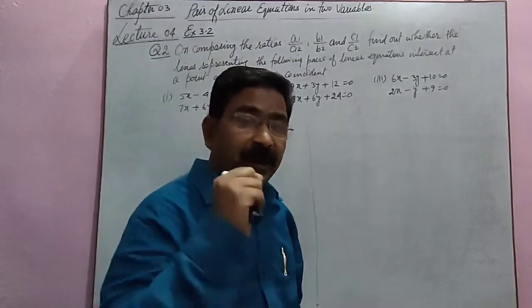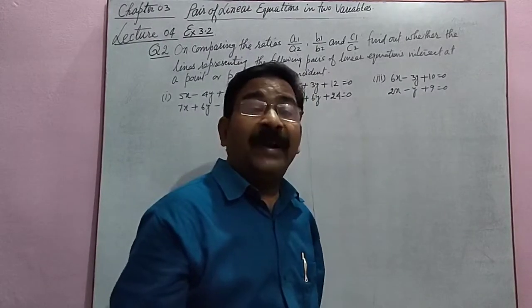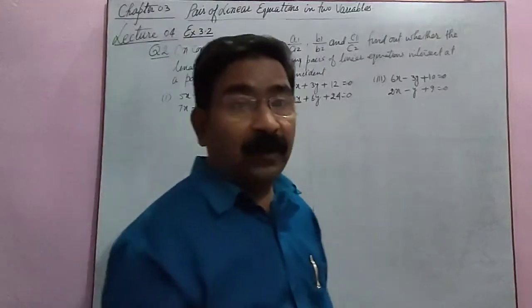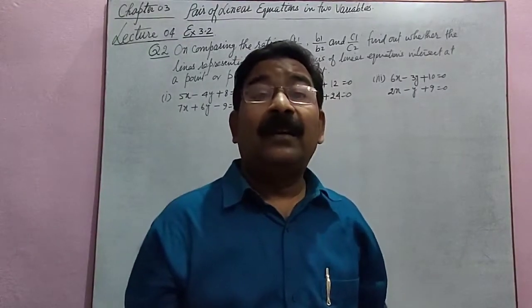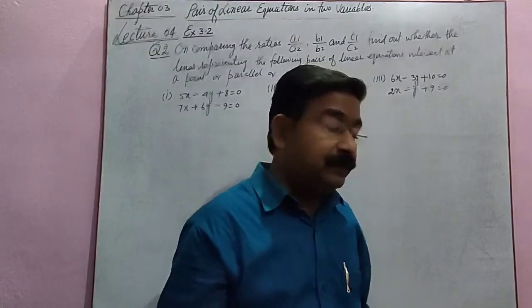Means I have told in the beginning of the chapter how to find the solution. 3 kinds of solution and 3 types of lines, that are intersecting lines, parallel lines and coincident lines.